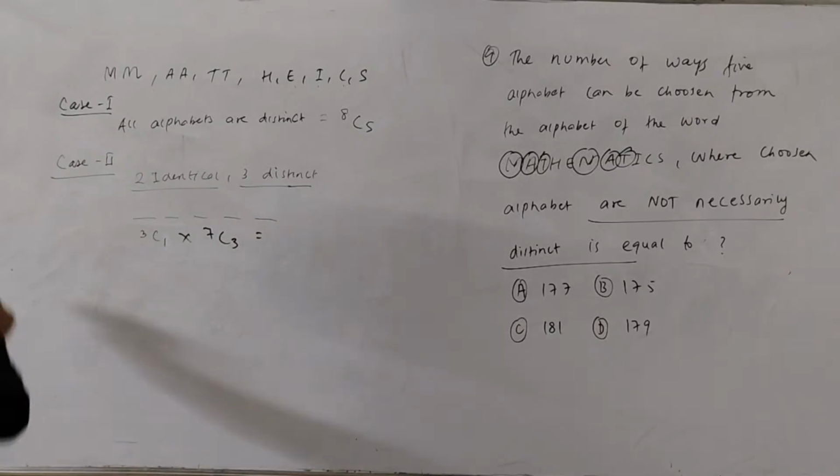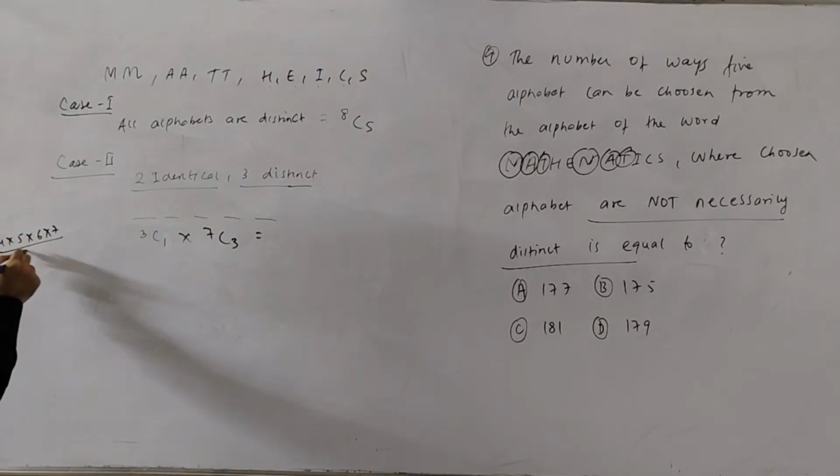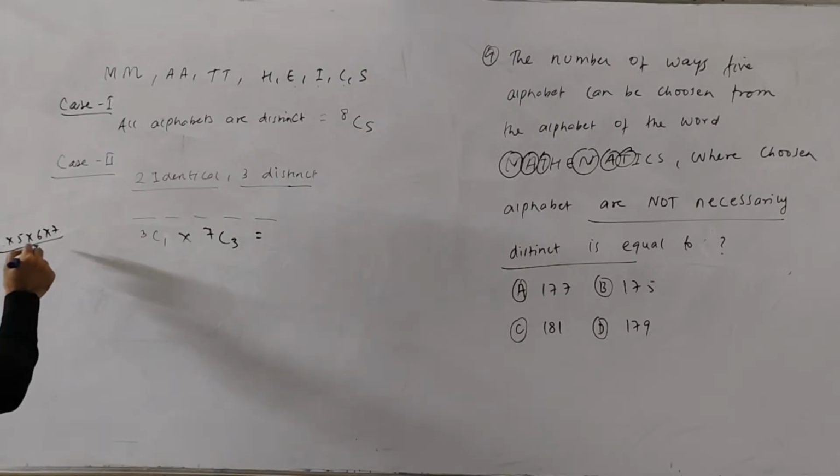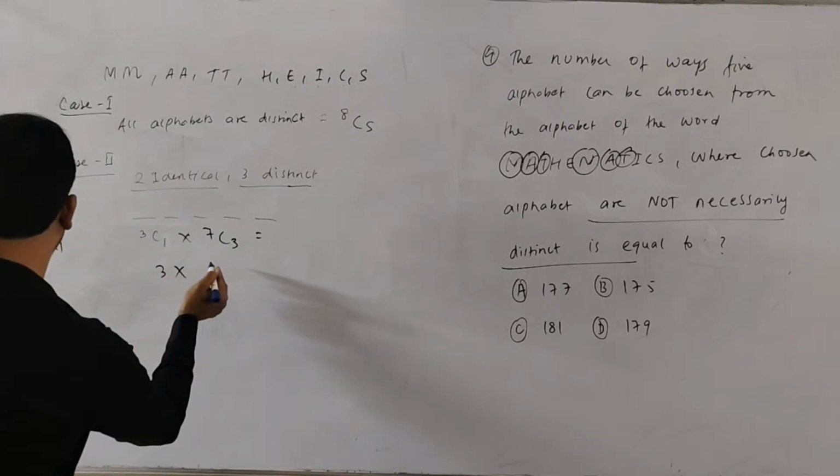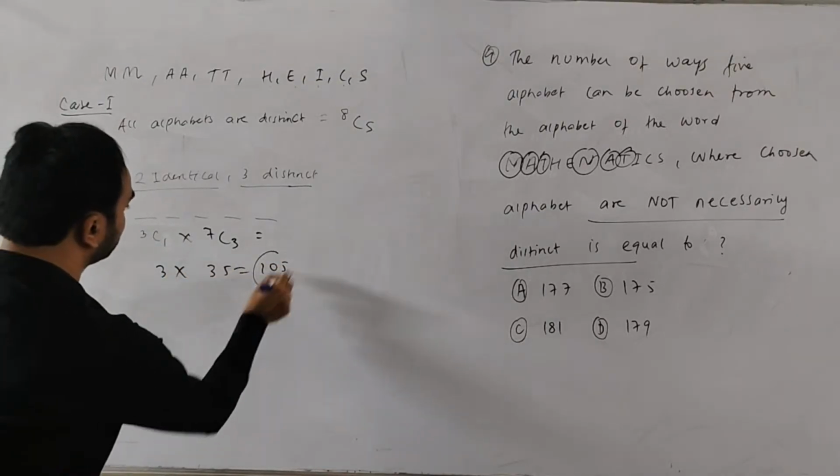This is 7C3, so 7 into 6 into 5 divided by 6, this will become 35. So 3 into 35, 105.